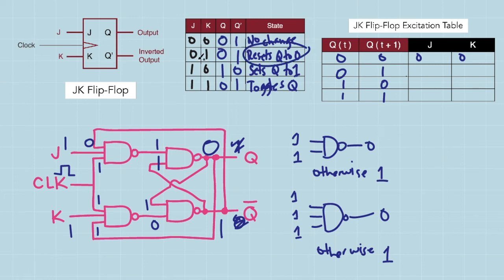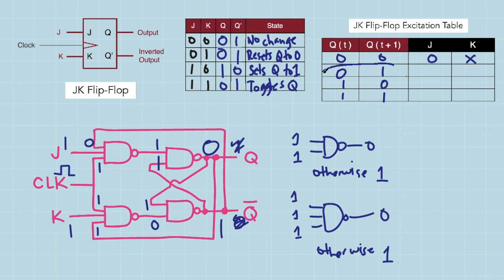This is possible when J is 0 and K is 1. So this is actually a don't care. So again, this first case here in the excitation table is possible when J is equal to 0 and K is a don't care, or K is equal to 0 or 1.